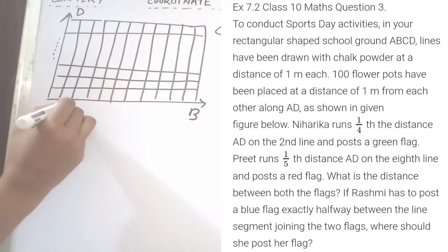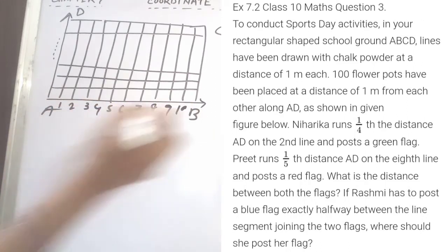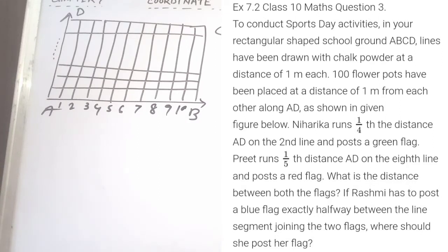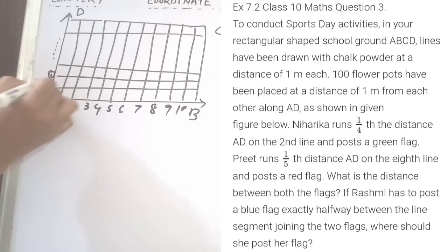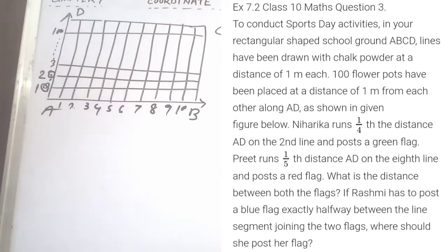Suppose this is 1, 2, 3, 4, 5, 6, 7, 8, 9, 10 like that. Now 100 flower pots have been placed at a distance of 1 meter from each other along AD as shown in the following figure. Along AD 100 flower pots have been placed. Suppose here the first flower pot 1, here second flower pot 2, 3, and suppose this is the last 100.